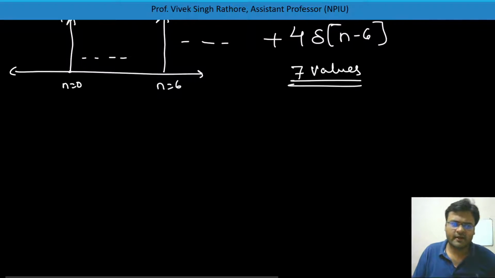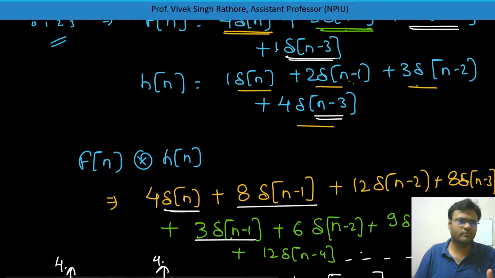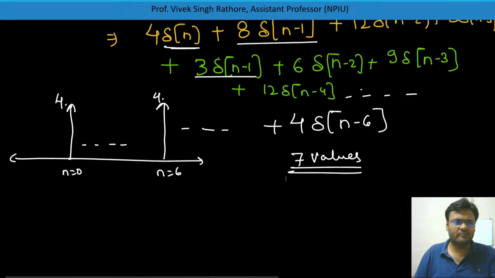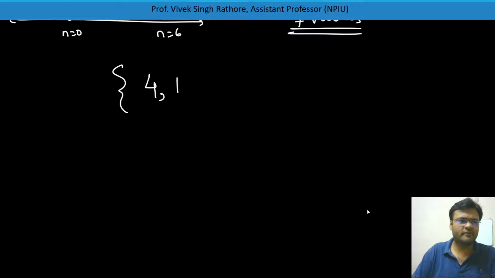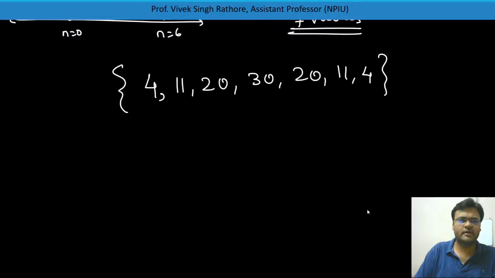Ultimately see, we'll get some values. I will tell you the output. You can do it at home, because every multiplication will take time. So I will tell you the answer. It is 4, and then 11 and 20 will be there, 30 will be there, 20 will be there, 11 will be there, and 4 will be there. This is the final output which we will get.